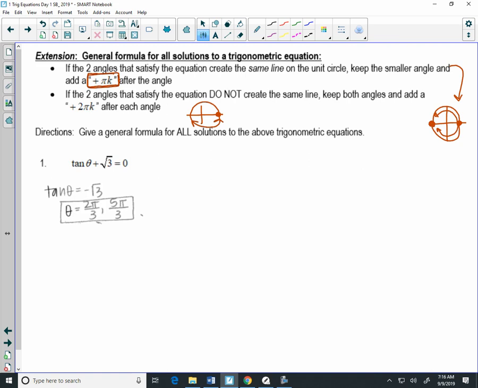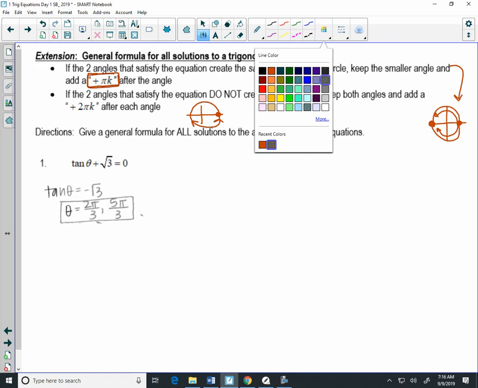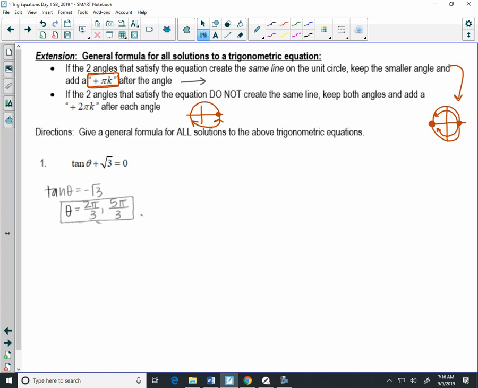Something that you'll notice when we're doing this plus pi k and plus 2 pi k: you're going to use plus pi k most often with tangent, with cotangent, or when you do the plus and minus, if your solutions are plus and minus radical 2 over 2, or plus and minus 1.